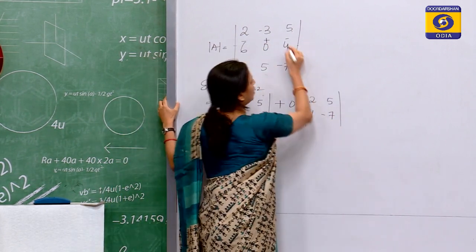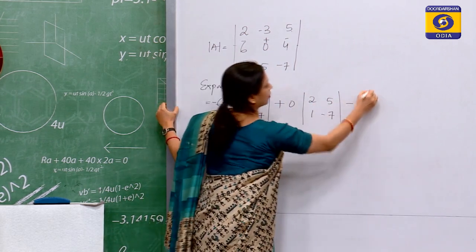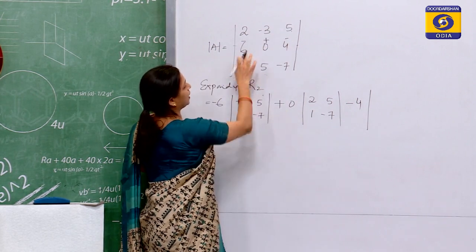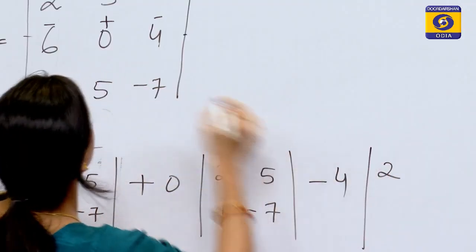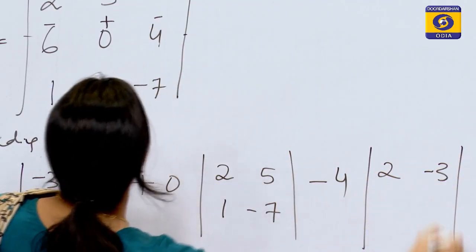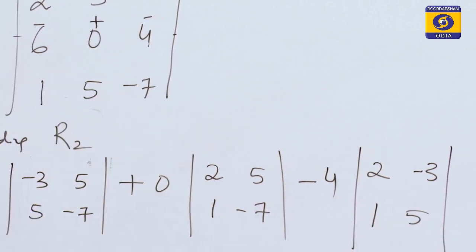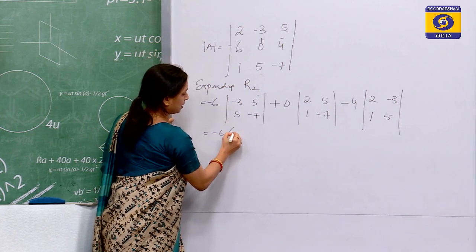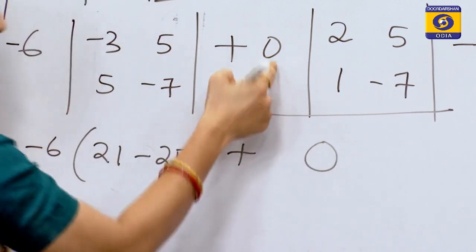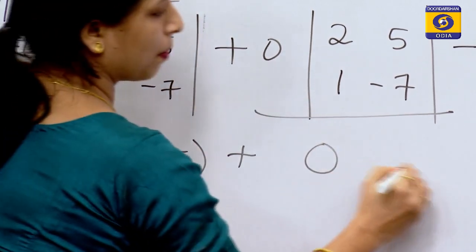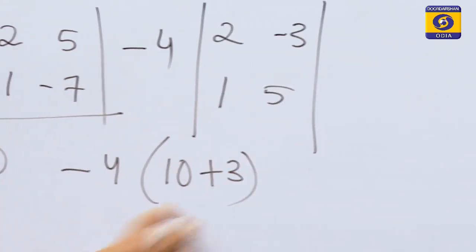Now, we take the third one, the positional sign is minus, minus 4, and the determinant that we get by deleting the row and the column in which the element exists: 2, minus 3 and 1 and 5, right. Now, we do the calculation. So, minus 6, this is 21 minus 25, plus the result will be 0, because 0 multiplied with 0 is 0, minus 4, here we get 10 minus 3, so it becomes plus 3, right.